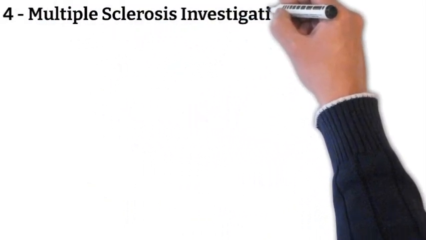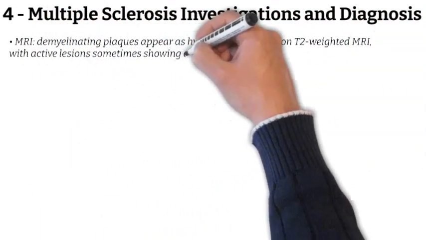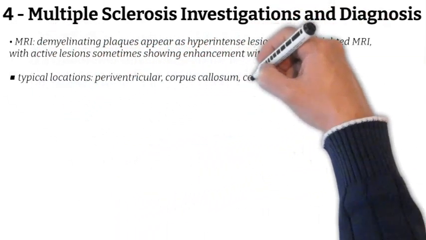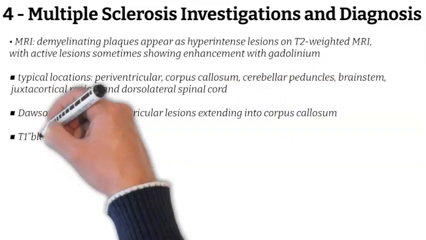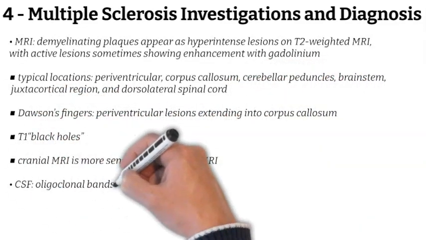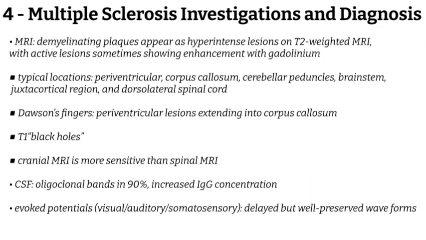Multiple sclerosis investigation and diagnosis. So basically, if I make your life very easy, MRI is the gold standard, the best first imaging. And the cranial MRI is more sensitive than spinal MRI.